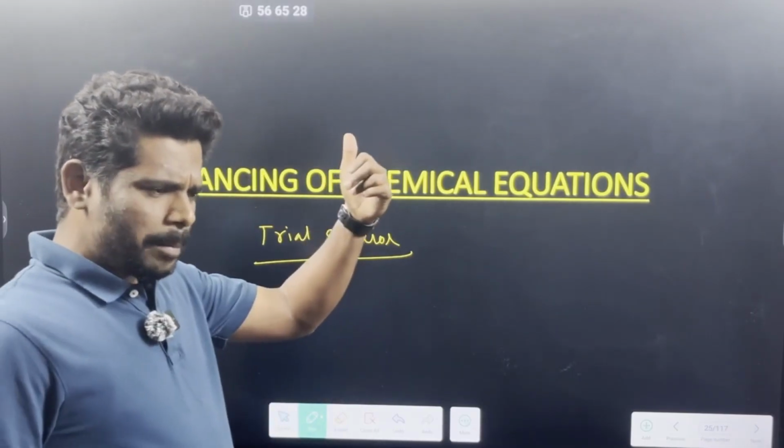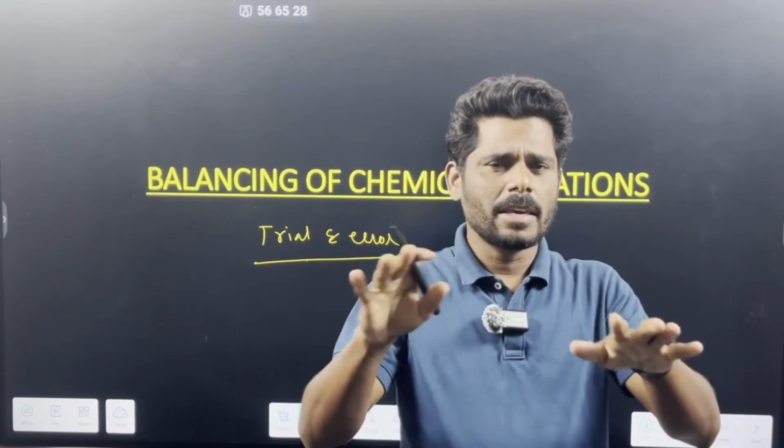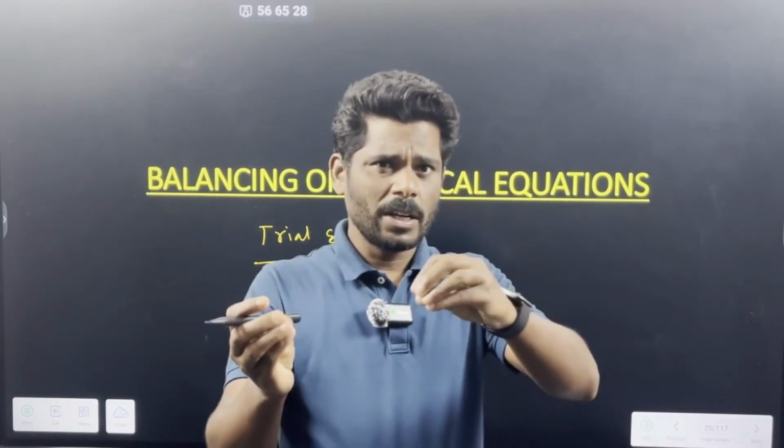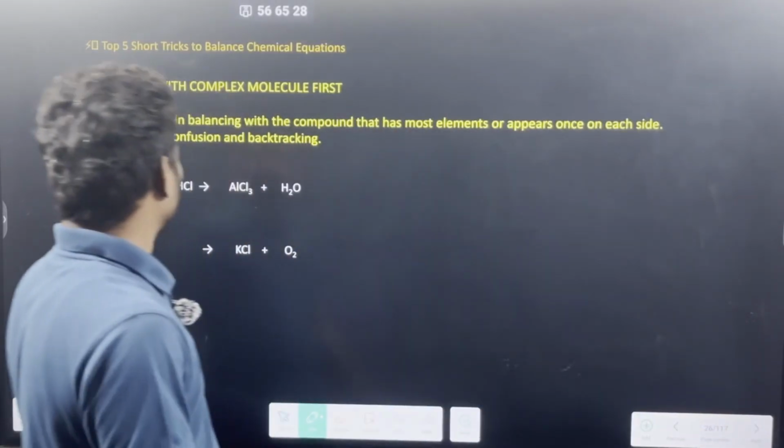Sometimes the algebraic method you can use where he is asking you directly the balanced equation, or where he is asking you just to give the coefficient of some product or some reactant. But if he is asking you step by step, sir, then what to do? There are a few other techniques, shortcuts or tricks to balance chemical equations. Let us try to explore them.